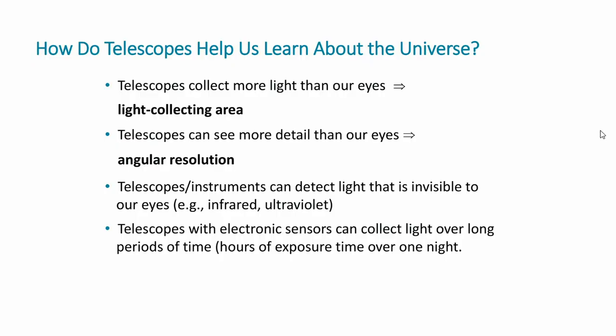Our eyes are only sensitive to visible wavelength light, but we'll talk about different kinds of telescopes that we can design to see all across the electromagnetic spectrum.